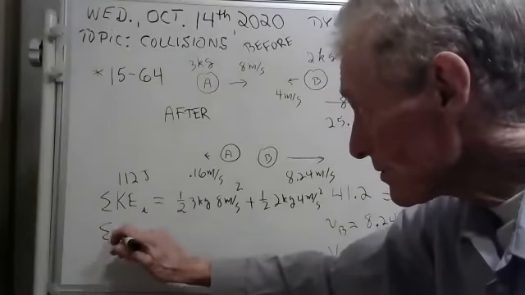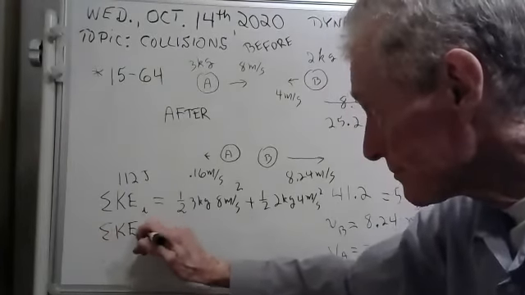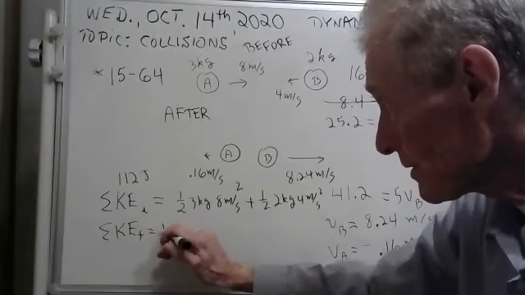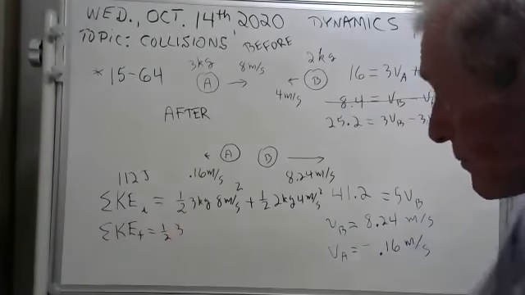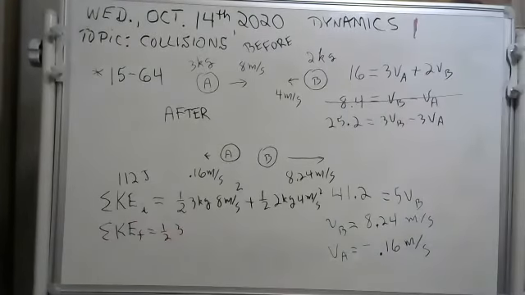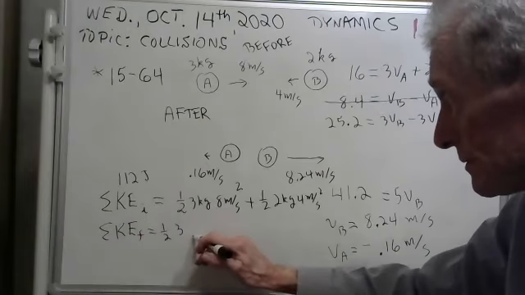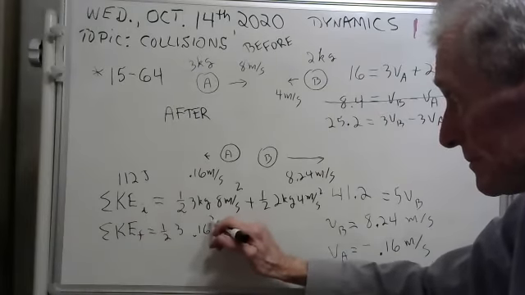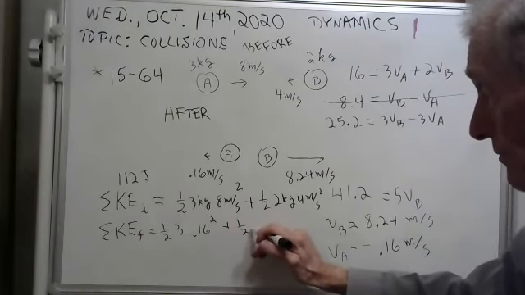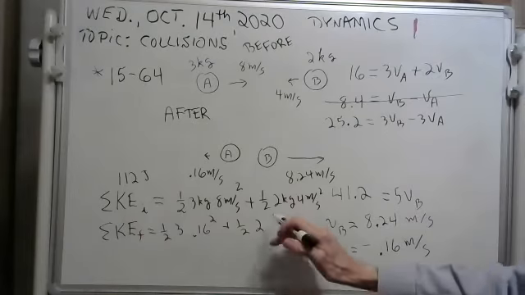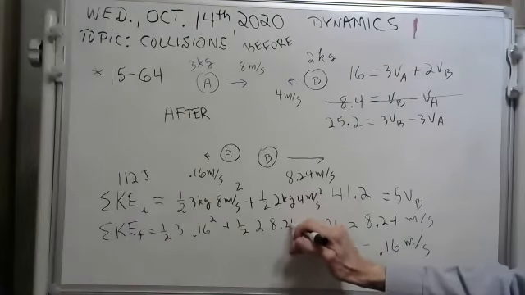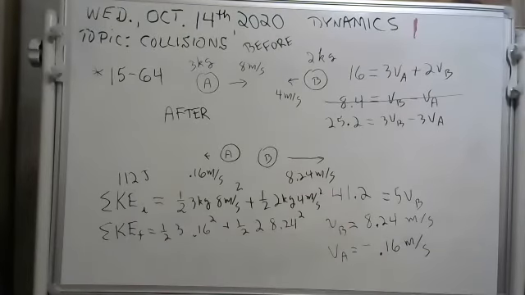Now let's get the final kinetic energy. The final kinetic energy is going to be 1/2 3 times the 0.16 squared plus 1/2 2 times 8.24 squared. Do that and we'll get the final.